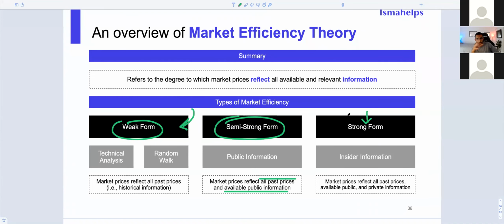Now, before I ask if there are any questions, I would like to say one thing. The reason why market efficiency theory is really important, and the reason why there are laws, regulations, governing bodies that are tracking markets, is because as an investor, if you do not feel safe investing in a market, you will not invest in a market.